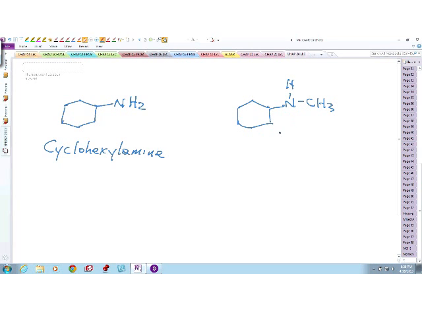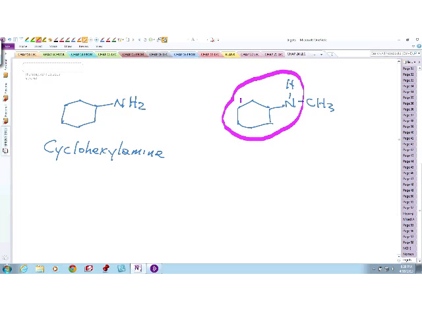You use that for the base name, or you use the more complex fragment as the base name. In this case, we want to call this cyclohexylamine as the base name. So therefore, the base name will be cyclohexylamine.